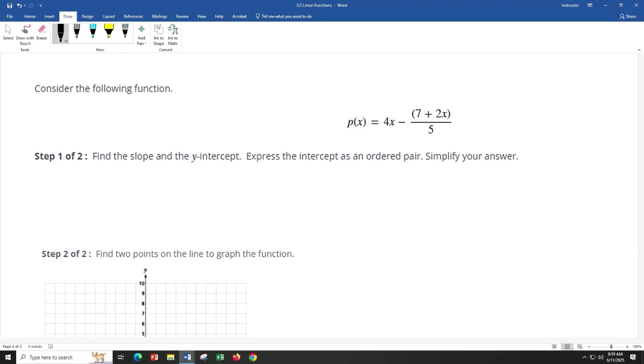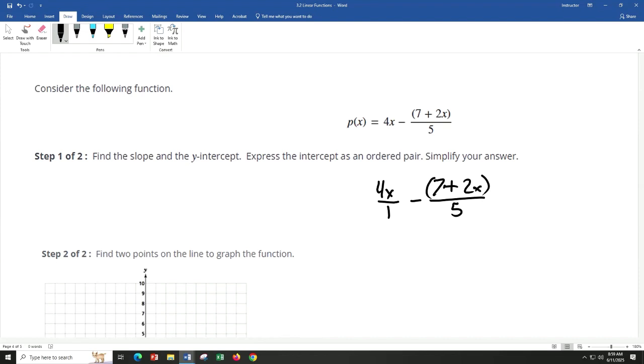So whenever I look at this guy real fast, I can come here and do this. Well, notice you're seeing fractions, right? This guy right here, let's rewrite this as 4x over 1 minus 7 plus 2x all over 5. Don't forget those parentheses. They're there for a reason.